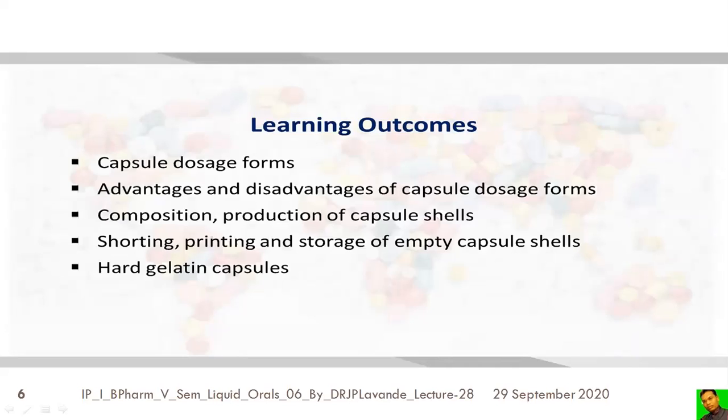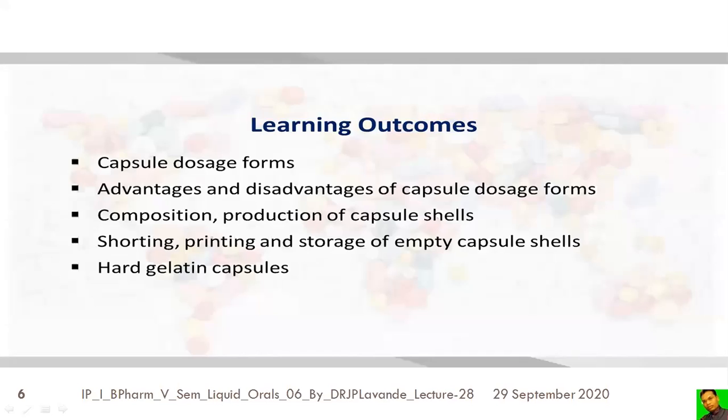Then we have to go for the hard gelatin capsules. That means the total details will consist of two different parts: the shell, its details and its manufacturing, and after forming the shell, the need to load the material into the shell, which is the formation of the capsule.